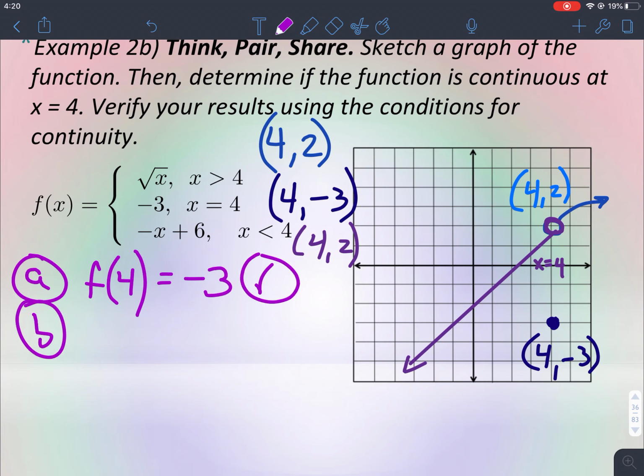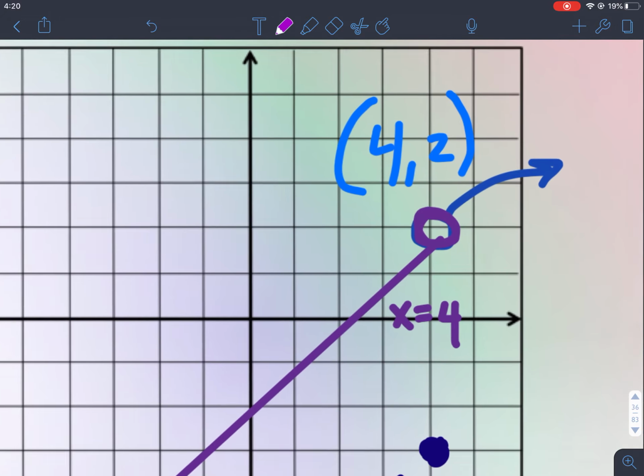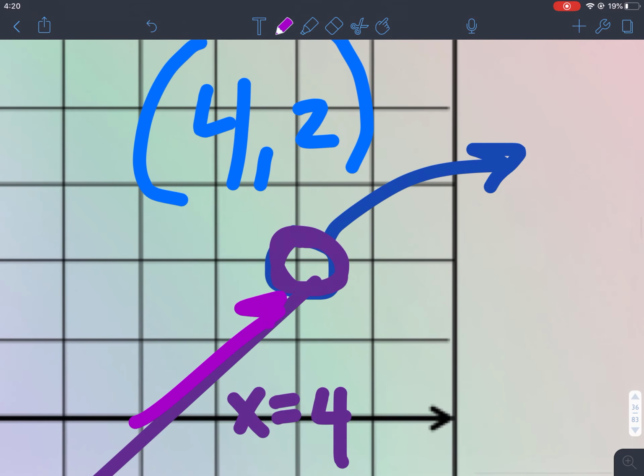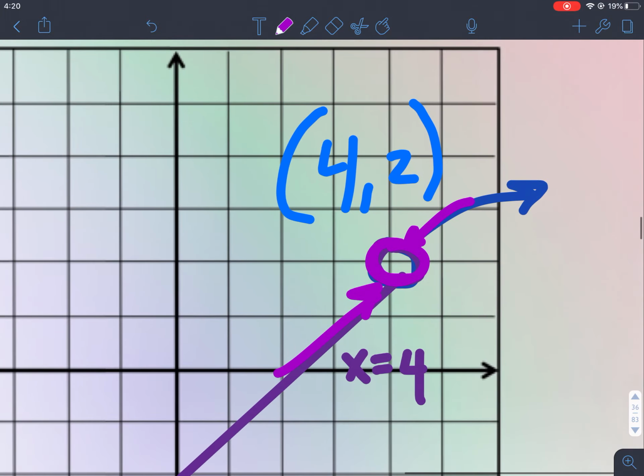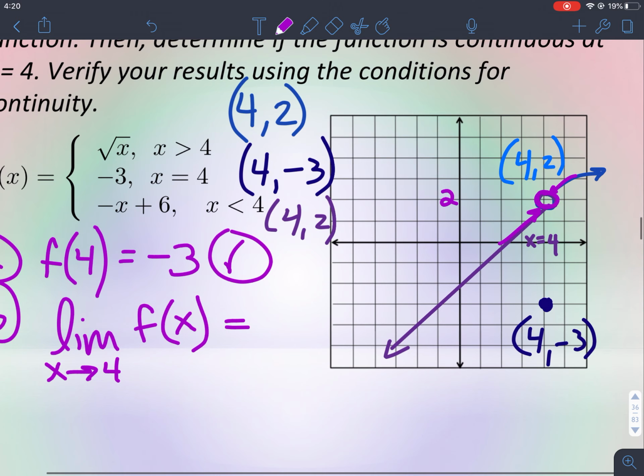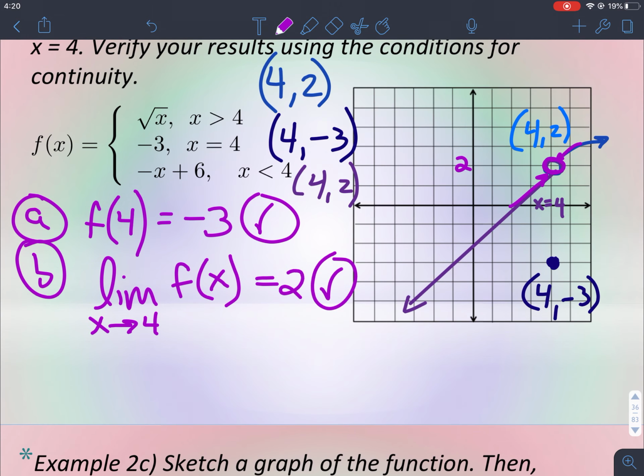B, the limit as x approaches 4 of this function. What is this equal to? Well, remember, a limit is all about what happens when we get really, really close to 4 from both sides. And from both sides, we are approaching this area. And so it looks like it's approaching 2. So the limit is in fact going to be 2. And that exists. So far, so good.